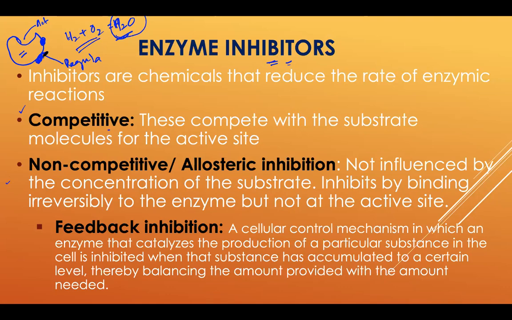Instead of sitting here, if they occupy the active site, they block the active site, and as a result, hydrogen and oxygen cannot sit over here. If they cannot sit, then they are not going to produce the water, right? So that's the competitive inhibitors. They block the substrate molecules from the active site.